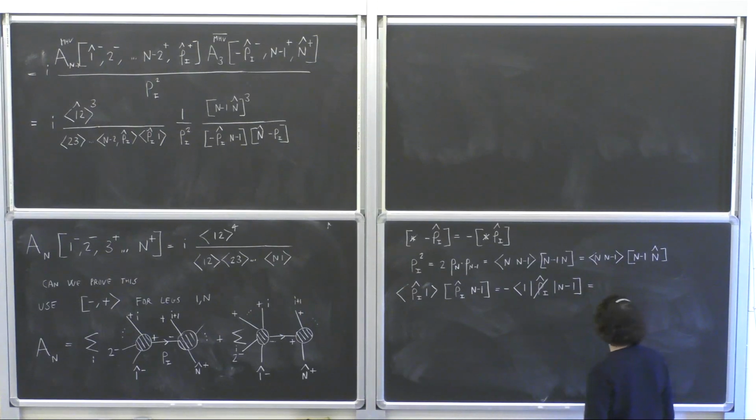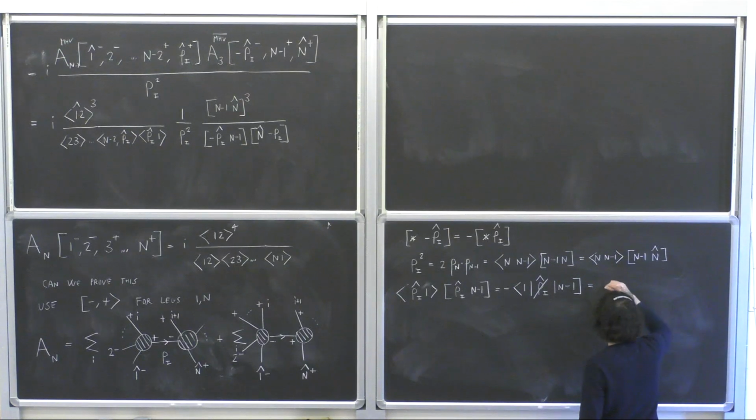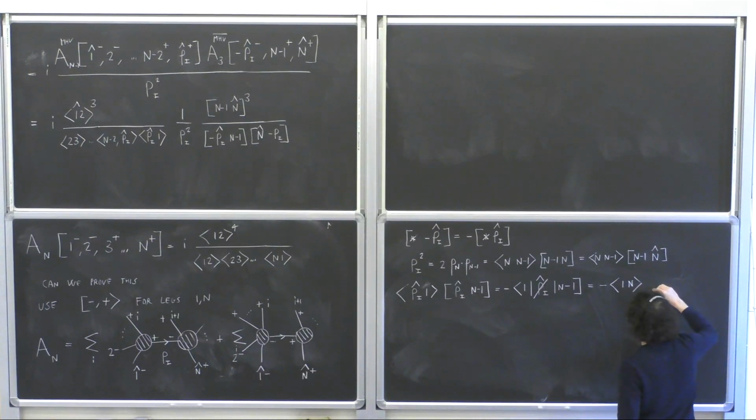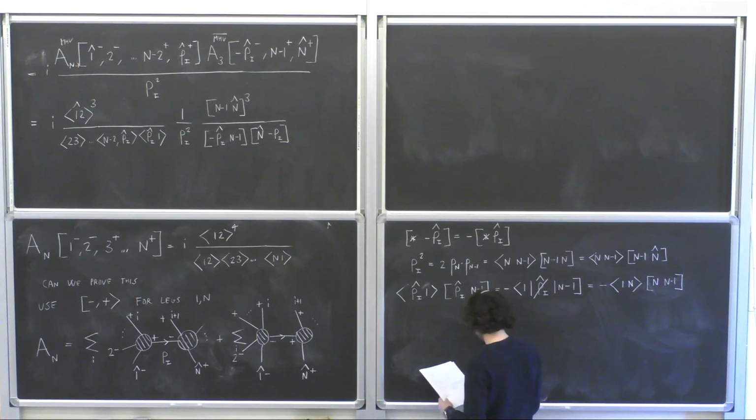So P_i is equal to, with a plus sign, P_n plus P_{n-1}. Using, if you prefer, the Dirac equation, the n-1 gives a zero contribution, and then only the n remains here, and n-1 gives a contribution there.